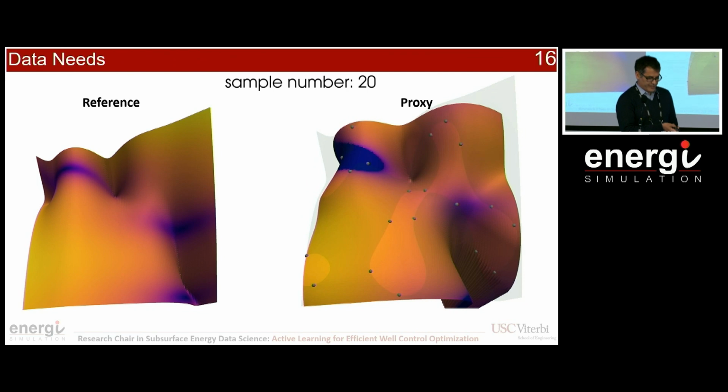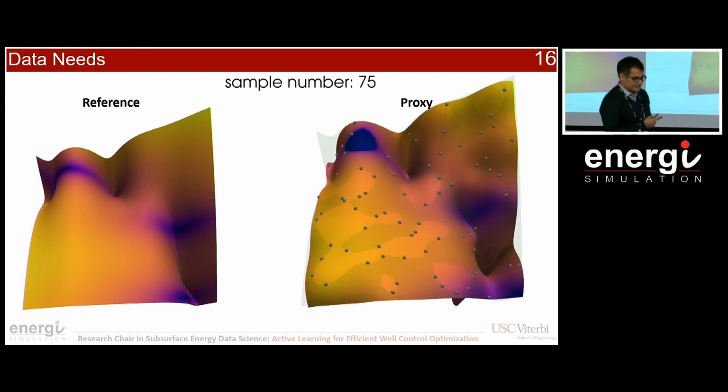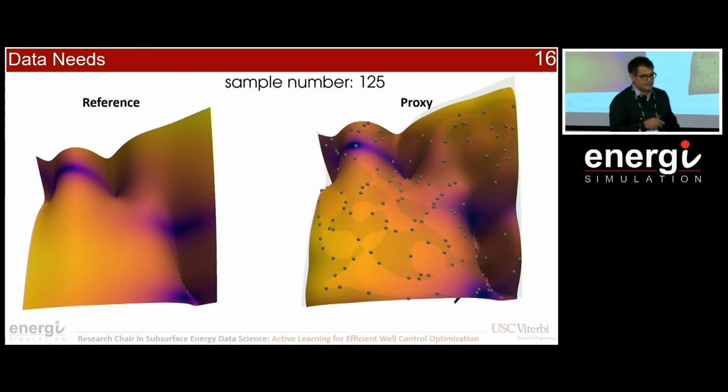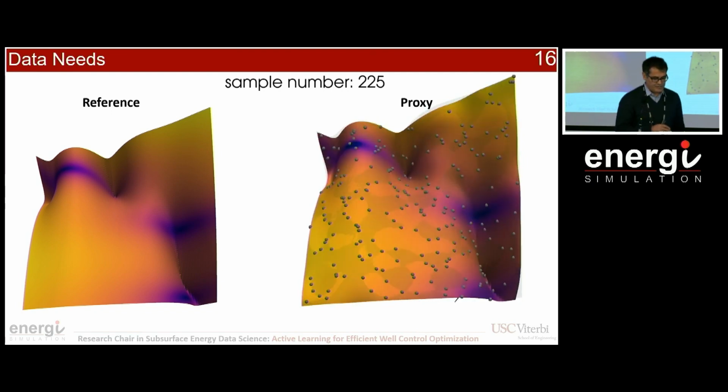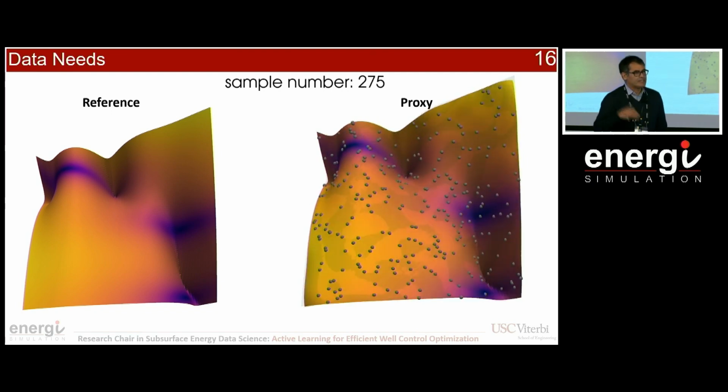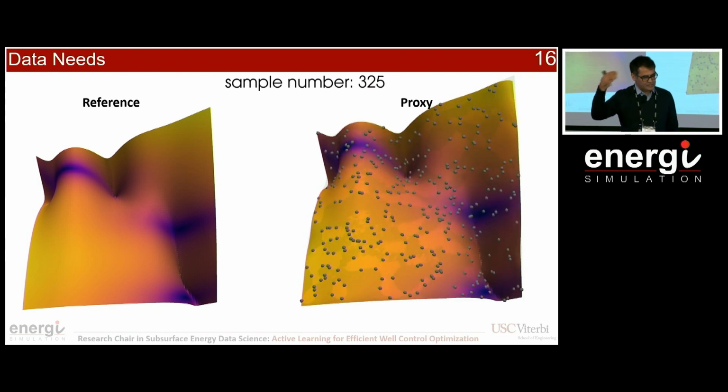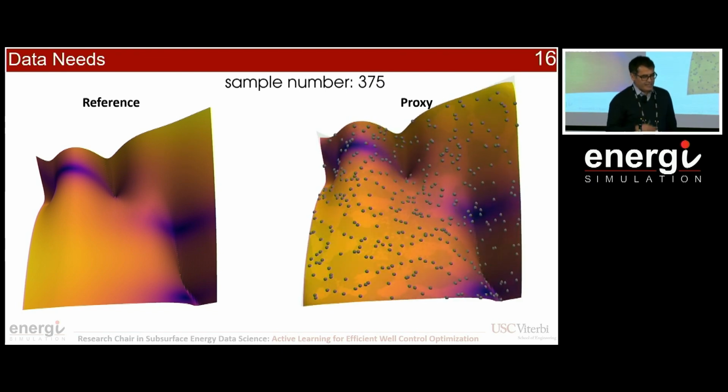Okay, so the number of samples is increasing, and so does the prediction from the machine learning algorithm. As the number of simulation runs goes up, you get a better approximation of what the actual surface looks like.